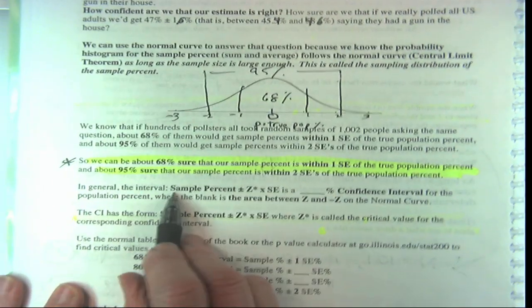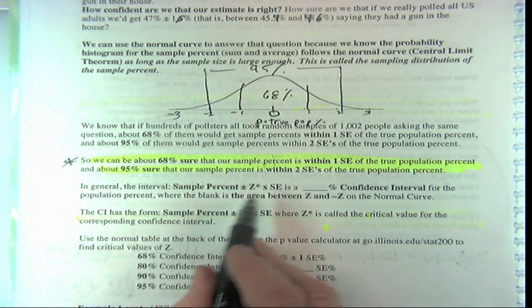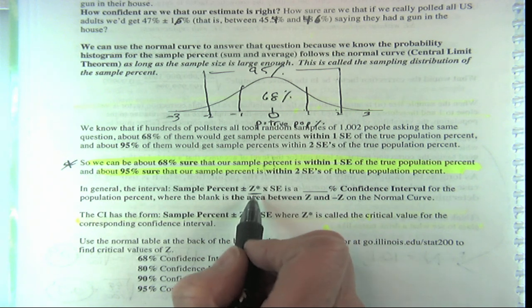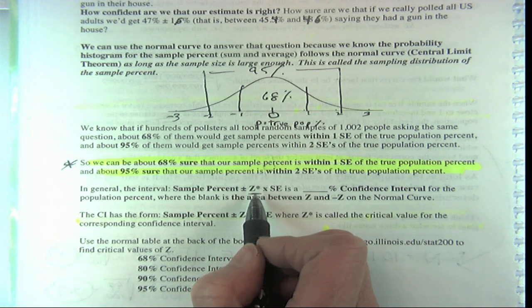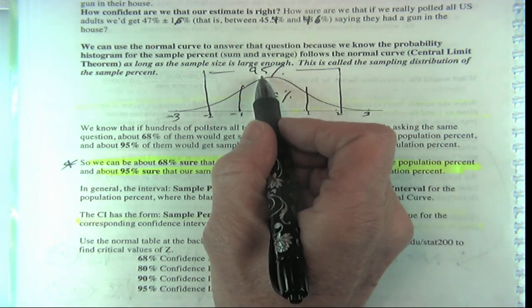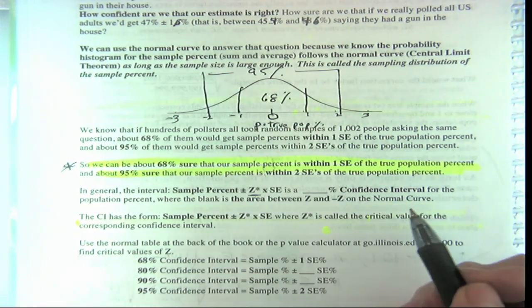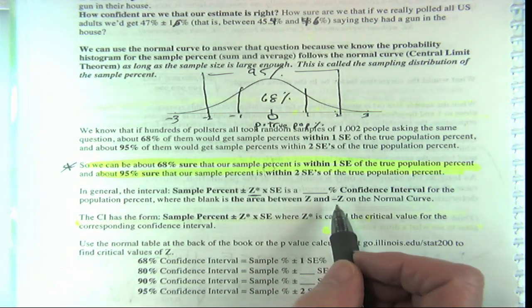So in general, the interval is your sample percent plus or minus z star. This z star is called the critical value of z that corresponds to your confidence level. For 95%, that would be 2 standard errors. For 68%, it would be 1.